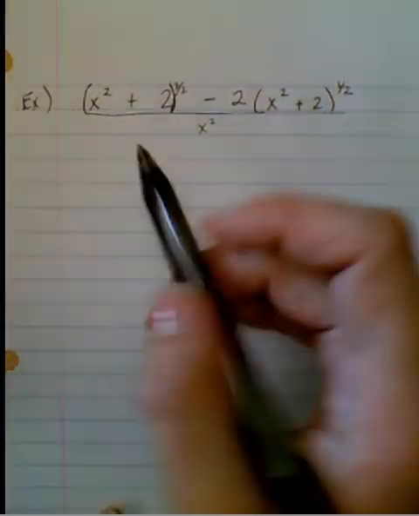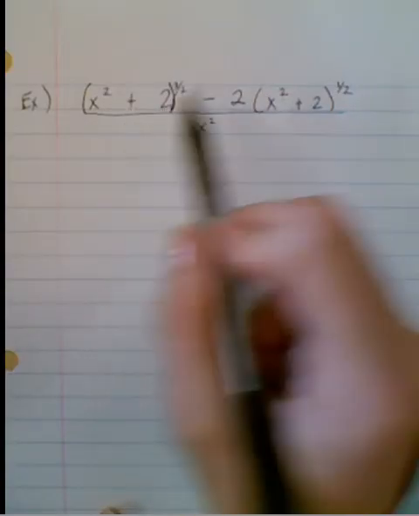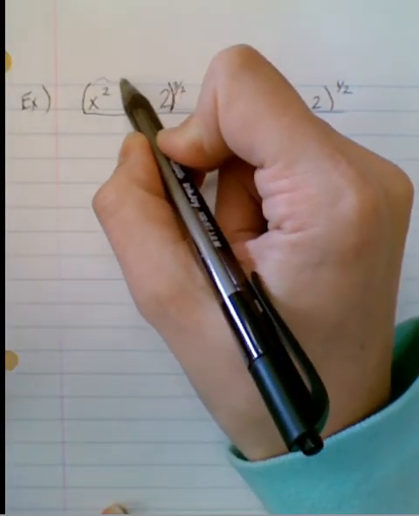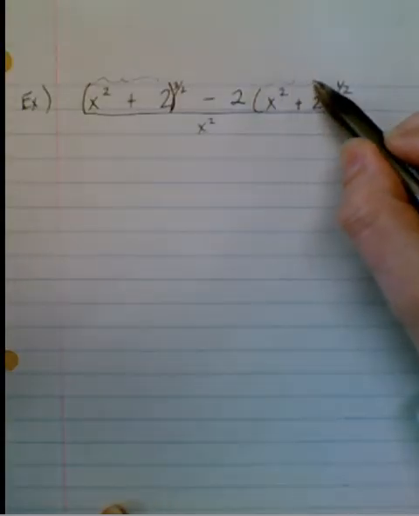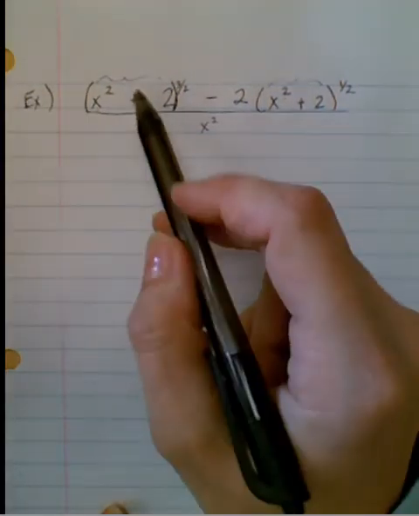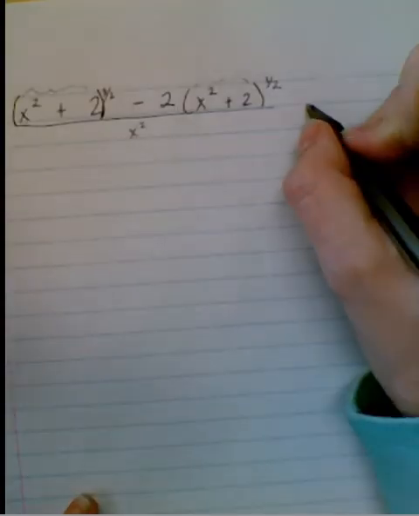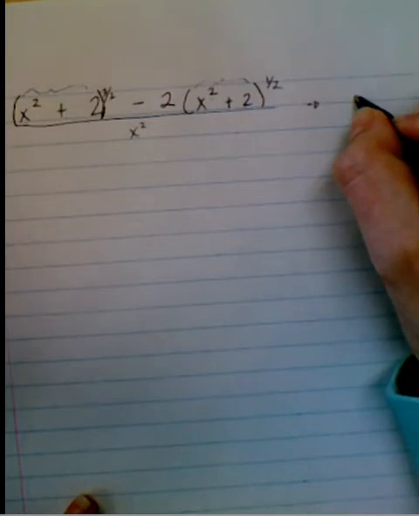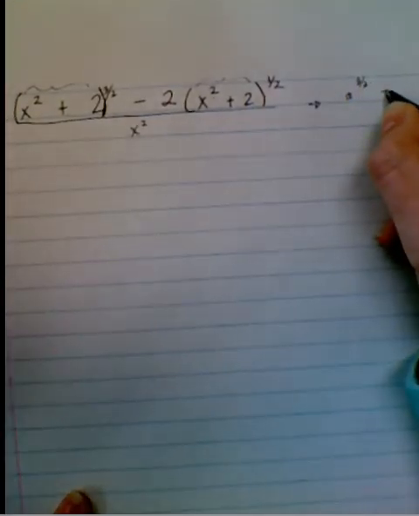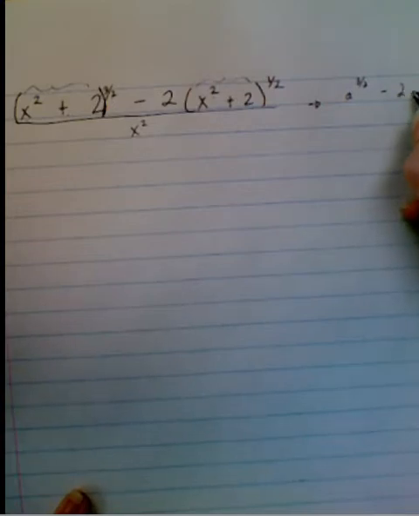Okay, so I have an x squared plus 2 and an x squared plus 2. Remember, things in the parentheses, a binomial can sometimes be treated as if it's one number, which can make things a little bit easier for us. So we in fact have something like, if I was going to write this in a simple way, I might say that this is sort of like a to the 3 halves minus 2a to the 1 half.